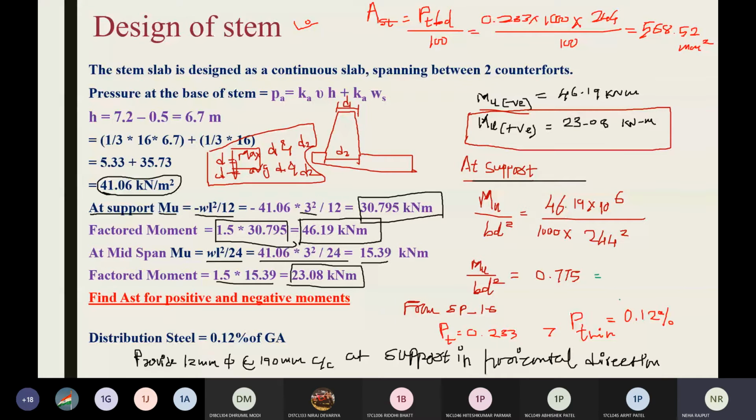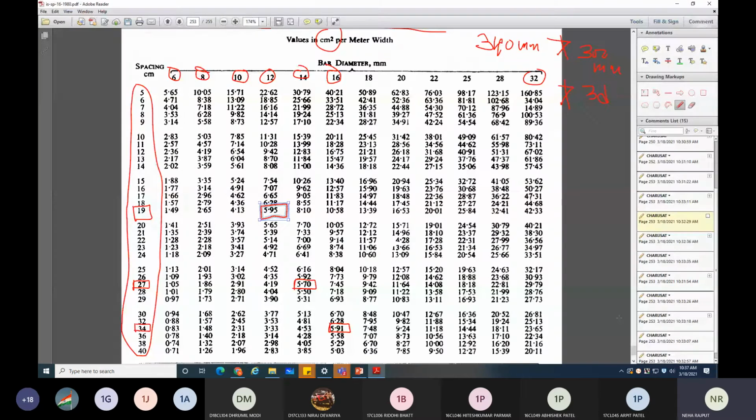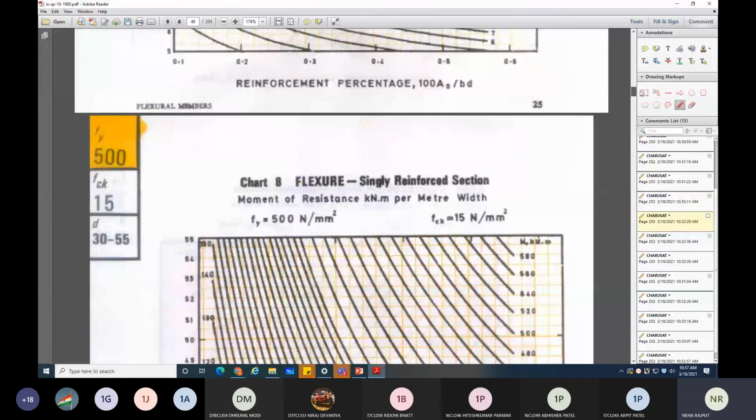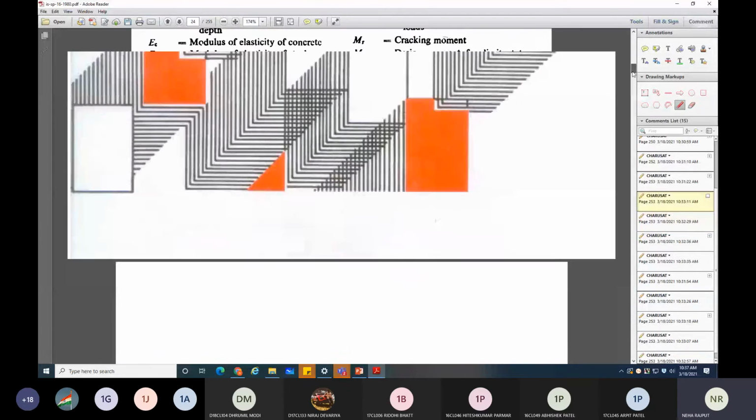So that is 0.387. So Mu upon bd square for mid-span is 0.387. Right. Now again from SP16, you are going to find the PT value.